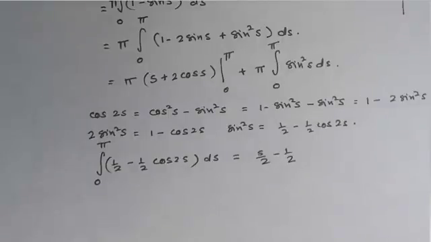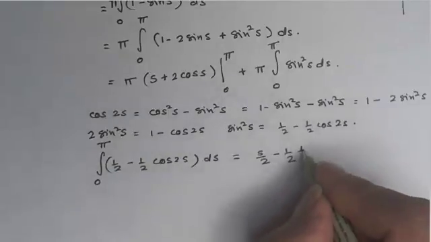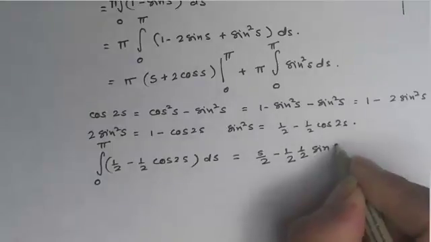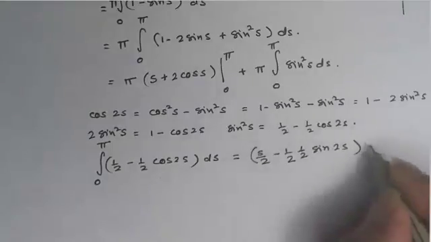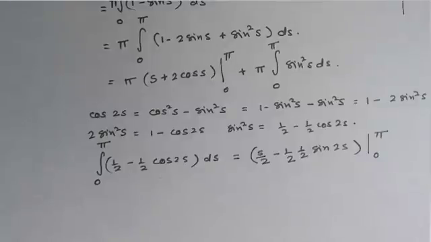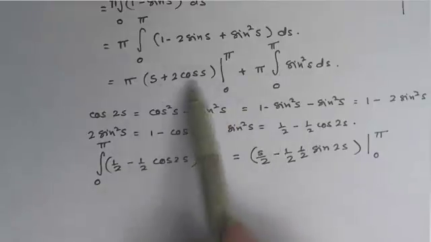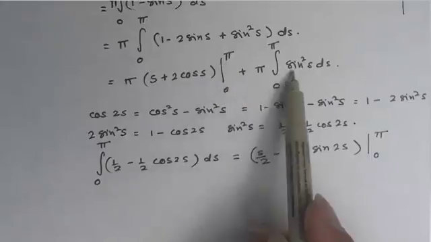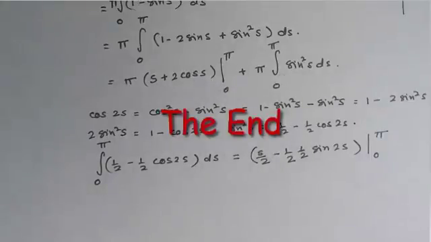The integral of cosine 2s is half of sine 2s, and all of this evaluated from 0 to pi. So this is fairly straightforward to do. So you do this, you get a number, and you evaluate this between 0 and pi, you get a number, you add up both of these numbers, and that's your answer.